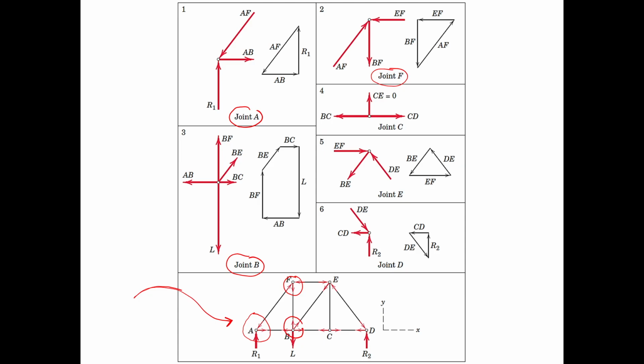Okay, so if you go to the next joint, joint C, you only have 3 forces. Then joint E, this one is 4 forces, but it's 3 forces because in joint C, member CE is 0.